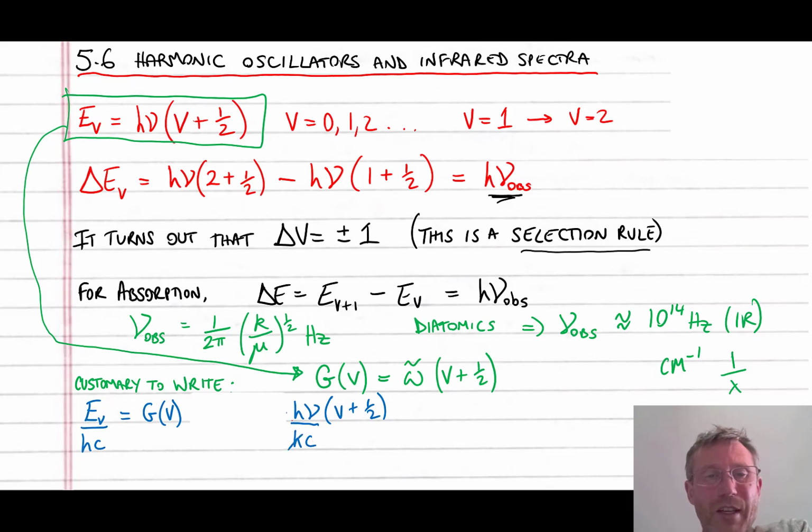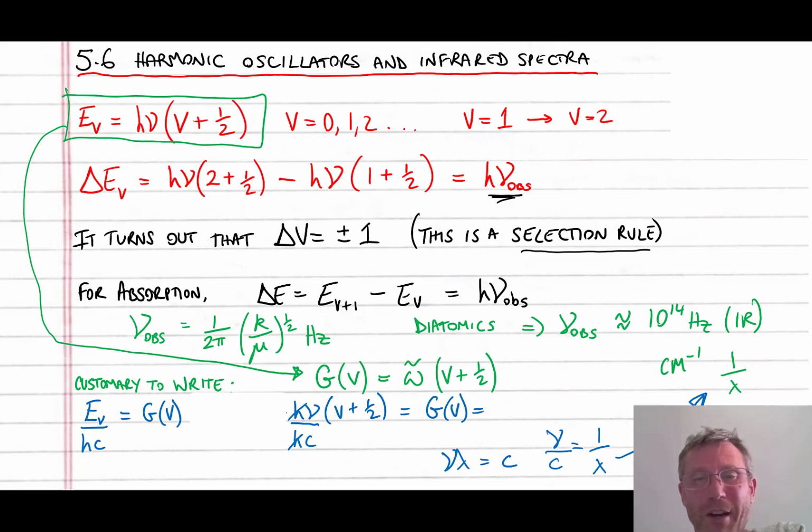When we do that, the h's cancel, and we're left with nu divided by the speed of light. A frequency times a wavelength is equal to the speed, so frequency divided by speed is equal to 1 over the wavelength. When that wavelength is in centimeters, it becomes our wave number, and so we get this G of V term, which is customarily written as the wave number times (V plus 1/2).